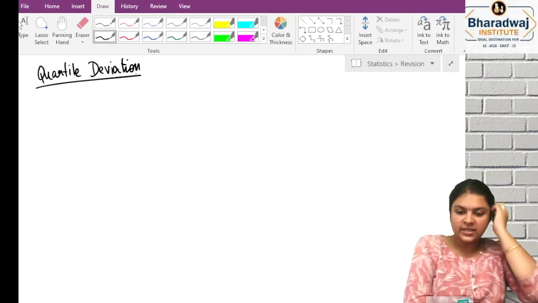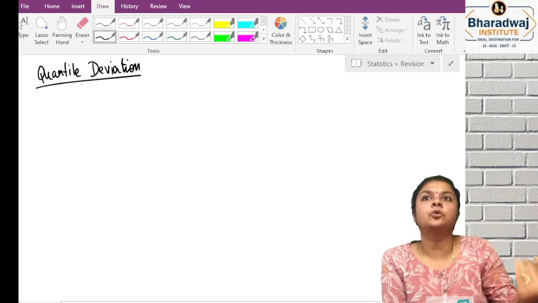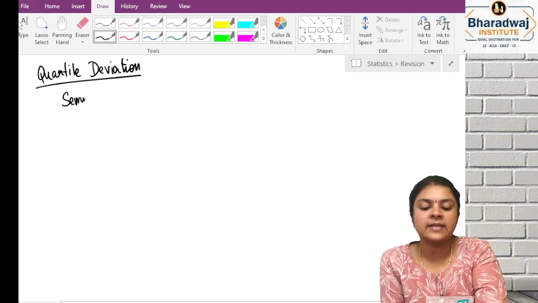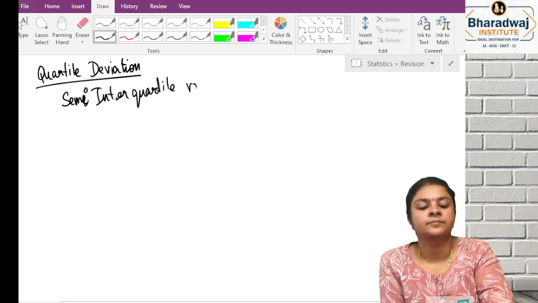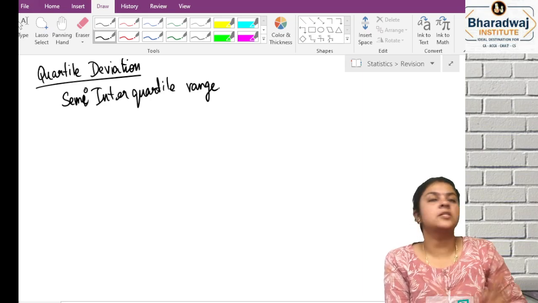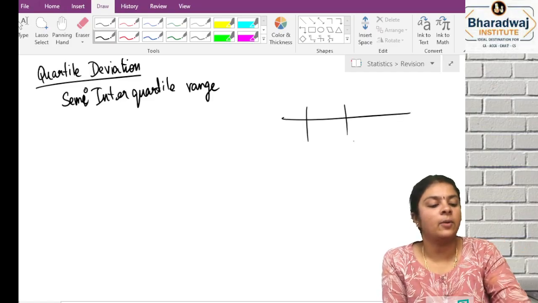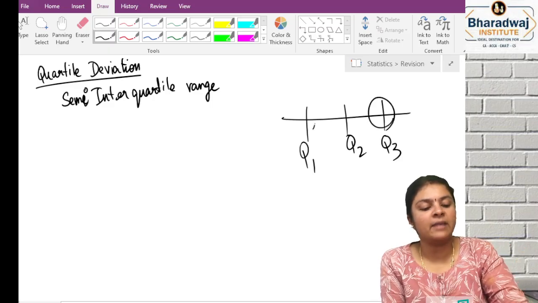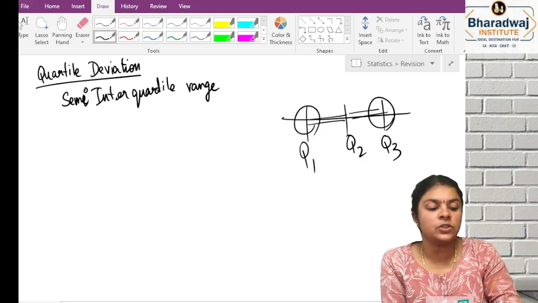Quartile deviation is the range between the two quartiles divided by 2, otherwise called the semi-interquartile range. Why do we divide it by 2? Because it covers not one quartile, it covers two quartiles. If you take the quartiles Q1, Q2 and Q3, the two extreme quartiles, largest and smallest, are Q3 and Q1, which actually covers two quartiles.